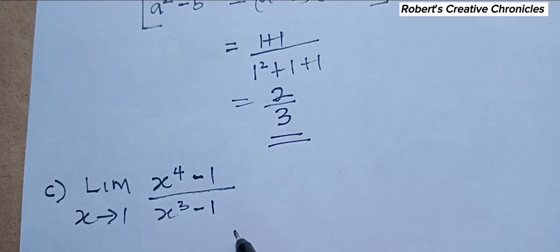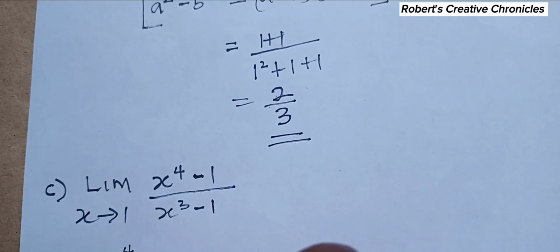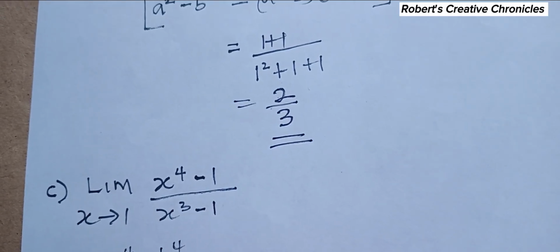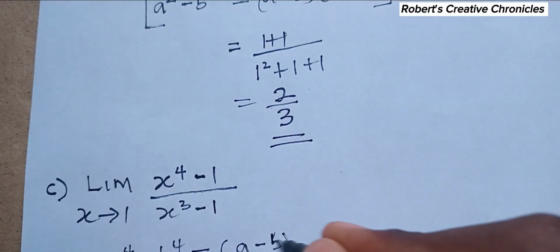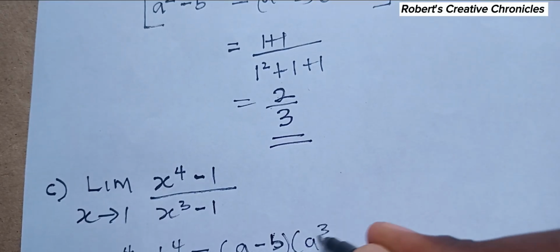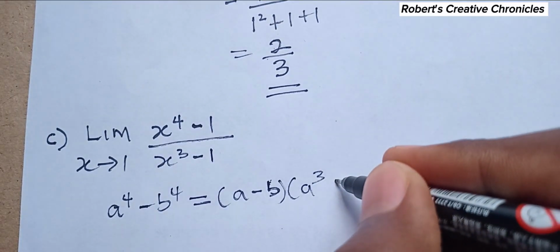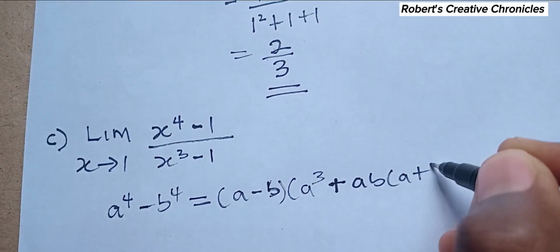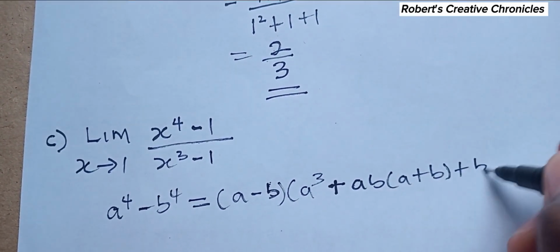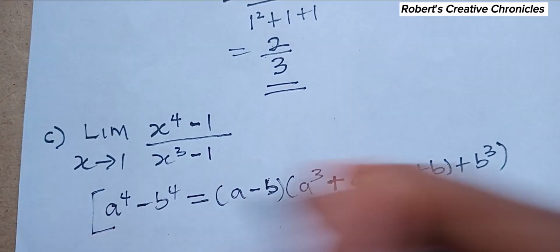For the numerator, the expression is a to the 4 minus b to the 4 equals a minus b times a cube plus ab times a plus b plus b cube. So this is the expression for the above one.